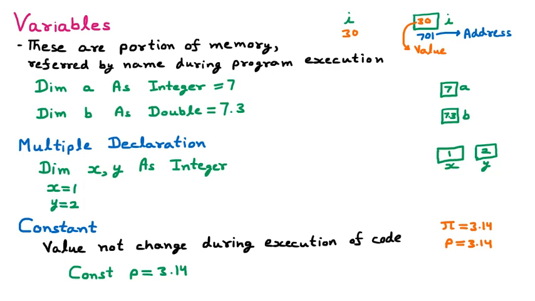So this way we have learned that variables take certain memory, and in that memory we store the values which are taken from the user, or we can initialize the values ourselves. We have also learned multiple declaration and how to declare constants. So this is all about variables.